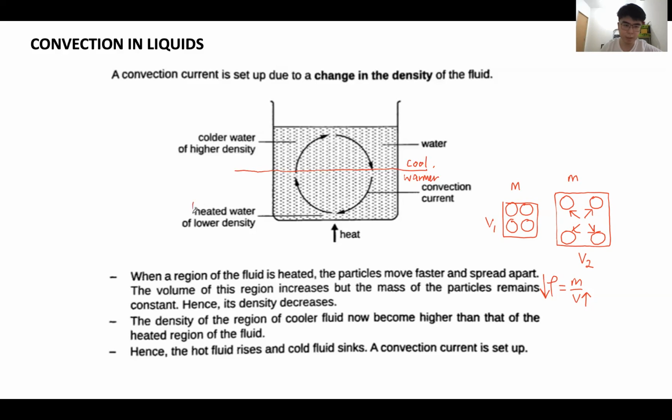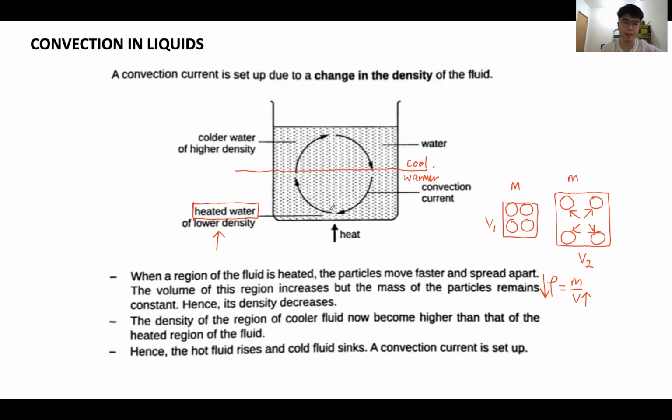So heated water has a lower density. If it has a lower density, then it will rise because low density is lighter. And conversely, the cold water, which has a higher density, will come down. So they both switch positions.